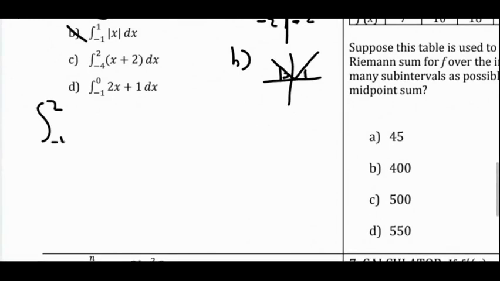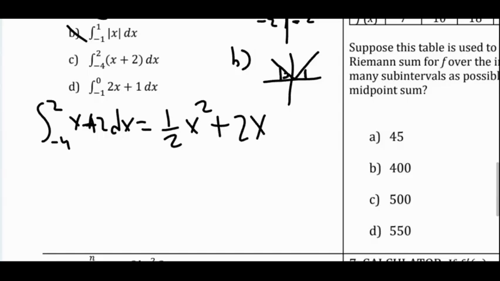I'm going to do 2 to negative 4 of x plus 2 dx. Remember, it's like the reverse of power rule. So I would add to the 1 as the power to get 2, and then divide by the 2 to get 1/2. Plus, the constant just becomes 2x.